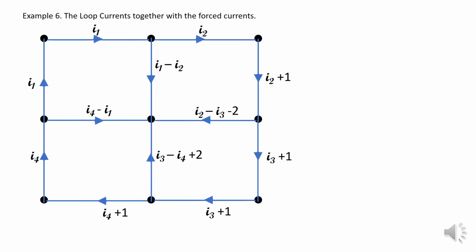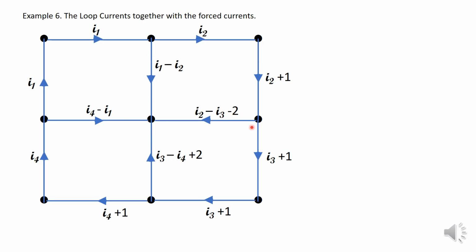Now what I will do, continuing with example 6, is superpose the previous 2 slides: the currents that I sent through the network plus the currents from the loop currents.